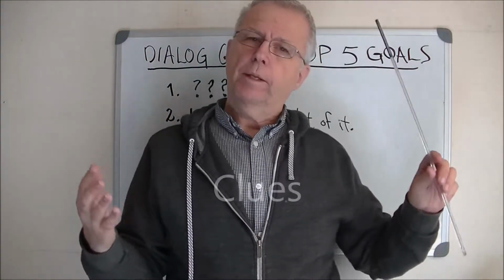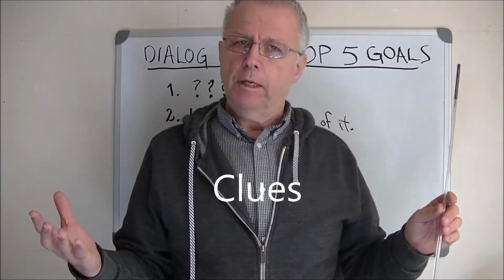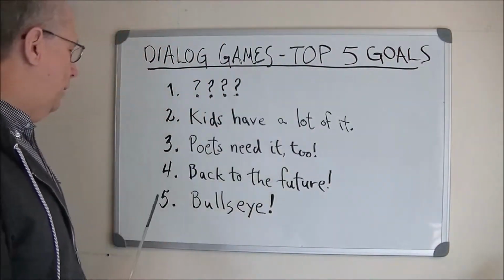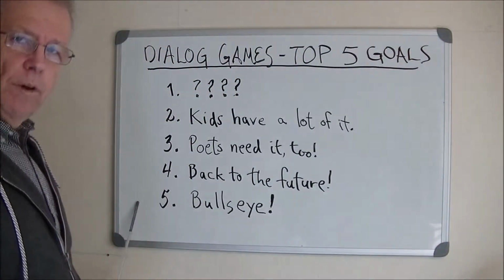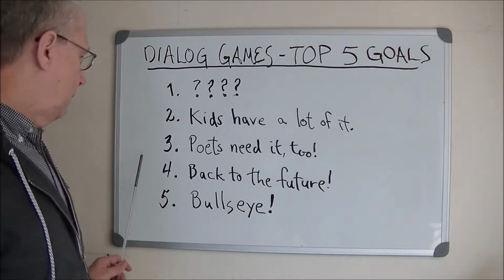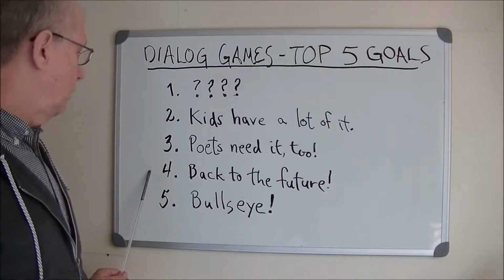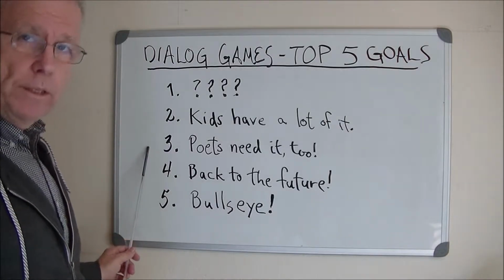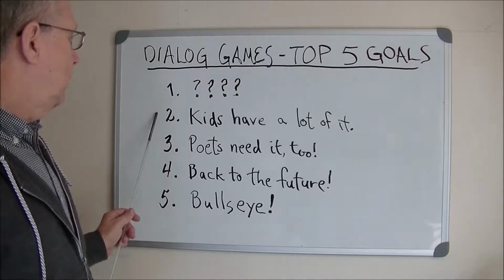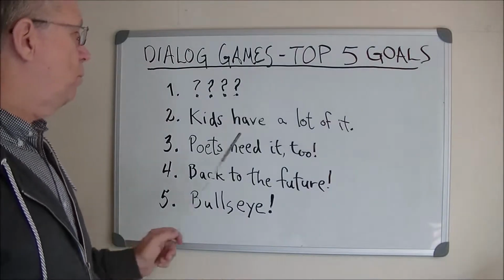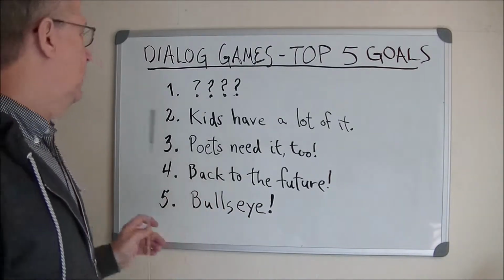So I've written a list of 5 behind me, and a little clue for each one. Number 5, bullseye. Number 4, Back to the Future. Number 3, poets need it too. Number 2, kids have it in spades, or a lot of it.